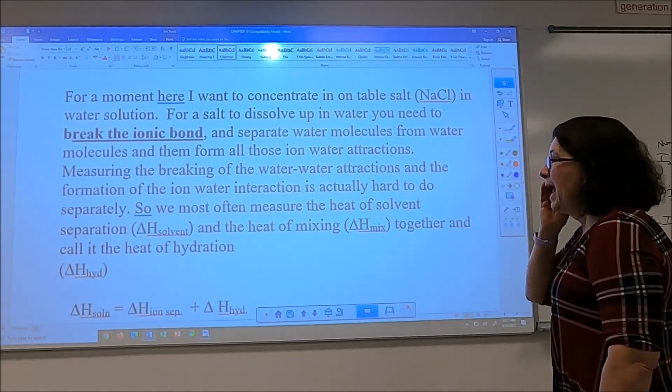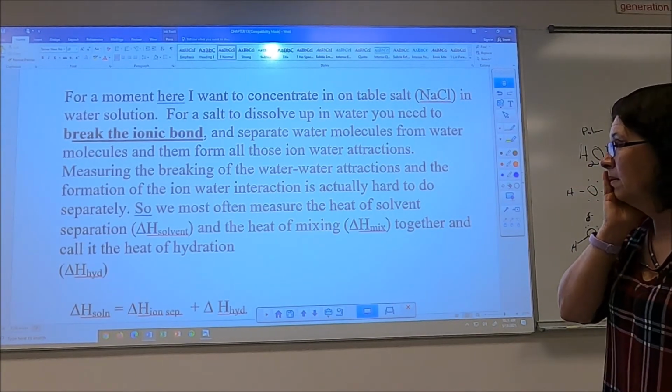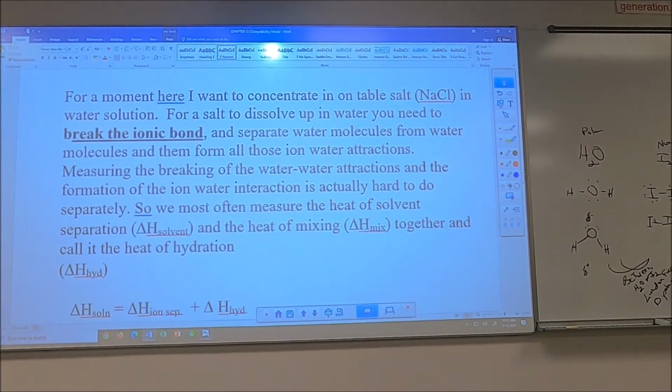So let's think about table salt for a minute. When we look at mixing table salt, sodium chloride, and water, to dissolve in water, you actually have to break the ionic bond. You separate water molecules from water molecules, and then you've got to separate sodium ions from chloride ions, and then you have sodium ions interacting with water and chloride interacting with water.